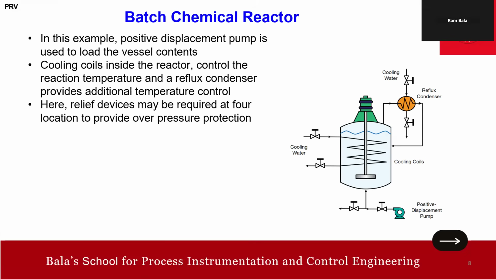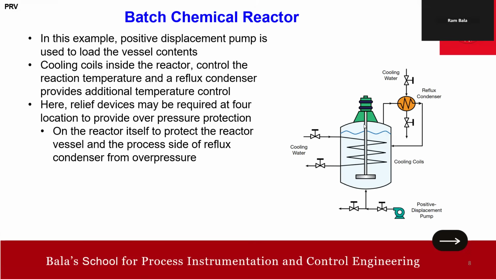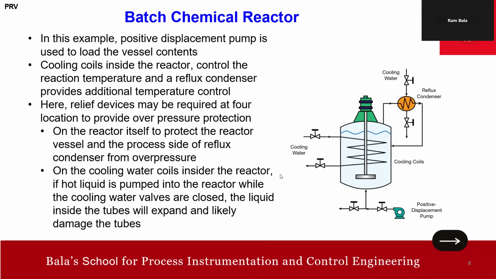So we will see what all those are. First, on the reactor itself, to protect the reactor vessel and the process side of the reflux condenser from overpressure. Then, on the cooling water coil inside the reactor.